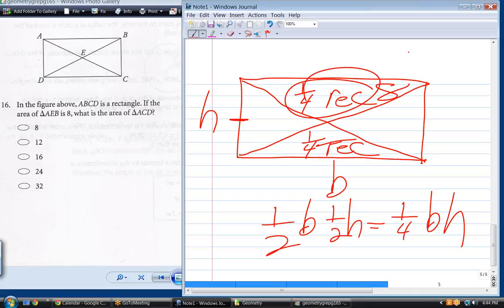It would be 8 times 4, which is 32. Yeah, 32. But they're asking for the area of ACD. What part of the rectangle is ACD? That's 2 rectangles that make up half the triangle, so it'd be 16. Okay, cool. Yeah, it's also half of the rectangle.